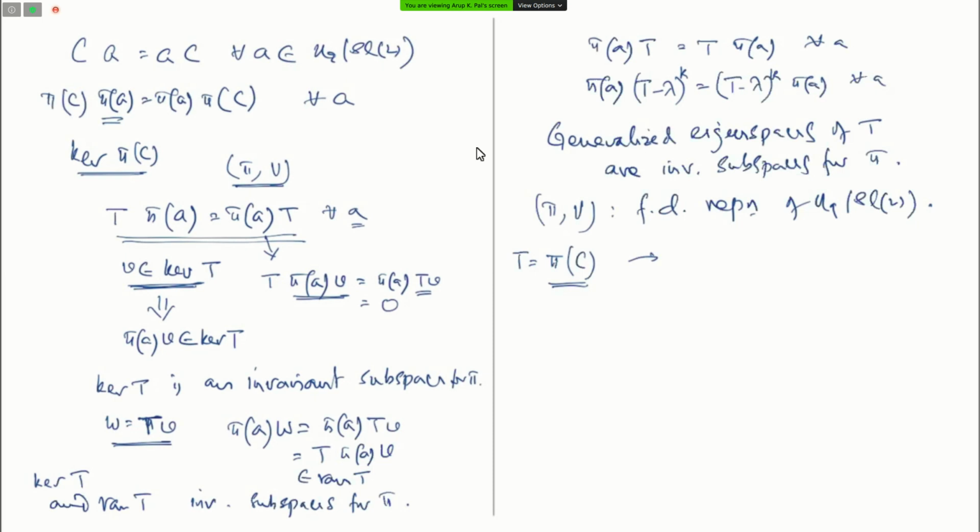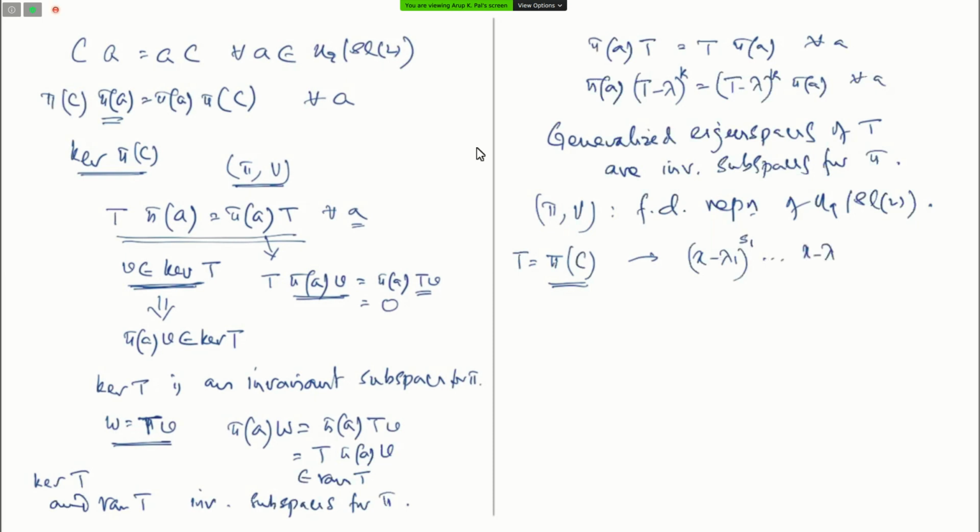The characteristic polynomial would be of this type, a product of powers. But ultimately we'll restrict it to 1, so it does not really matter what we took here.